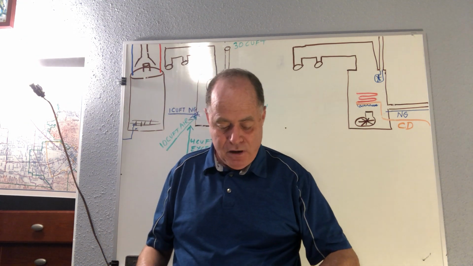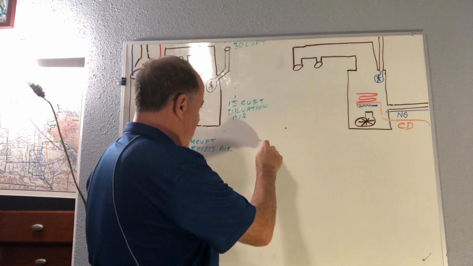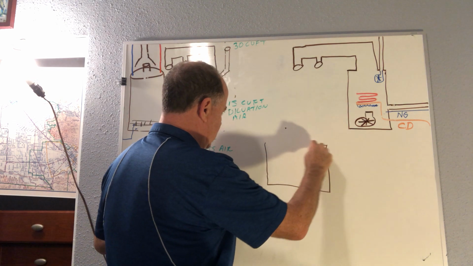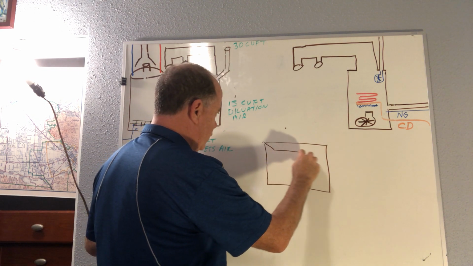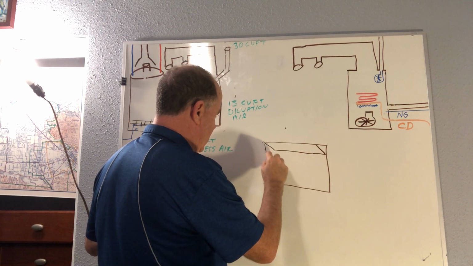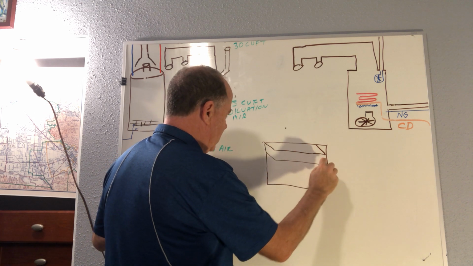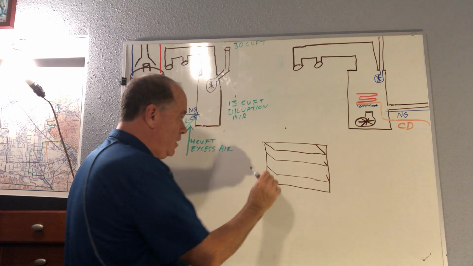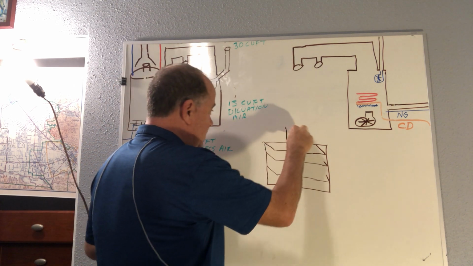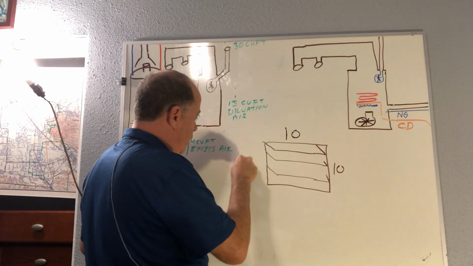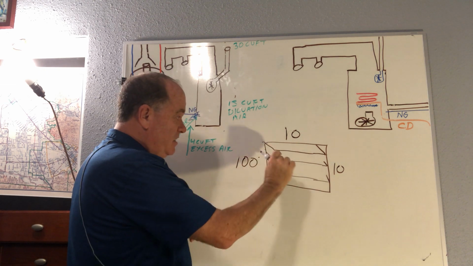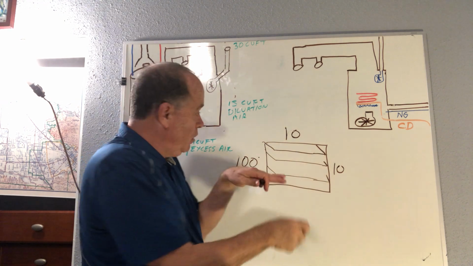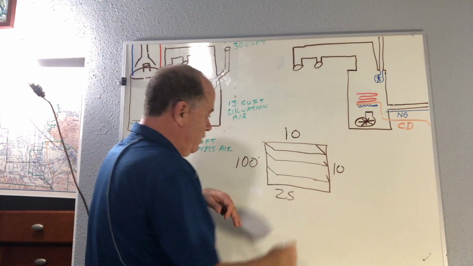What does that mean? Well, if you had something that was 10 by 10, like this, and then you had these louvers that came down like that, okay? If they're very thick wood, and this is 10 by 10, you could say we have 100 square inches, but because the wood is so thick on the louvers, you can only count this as 25 square inches.